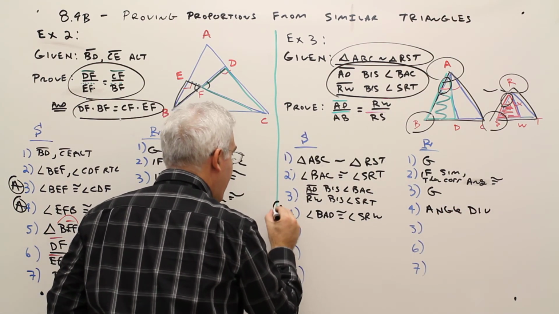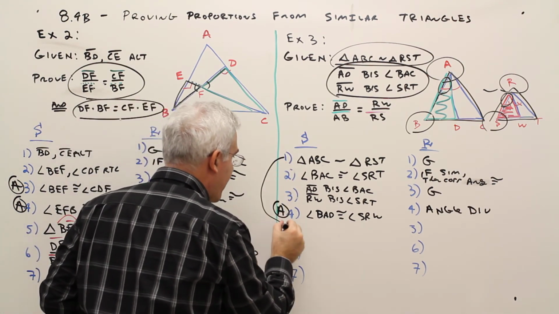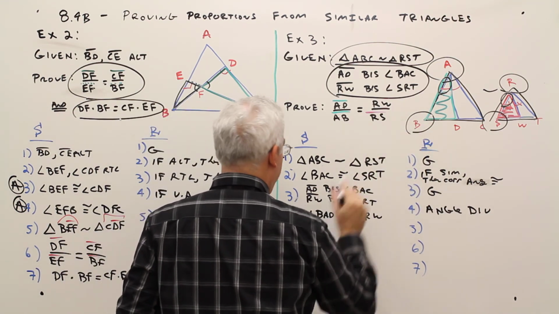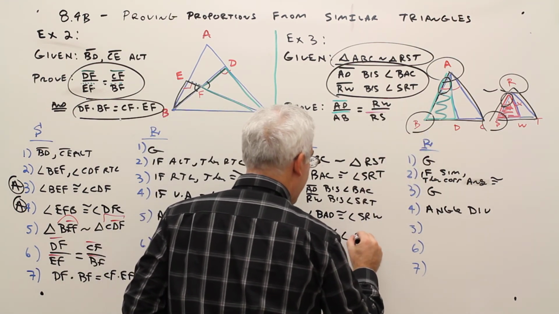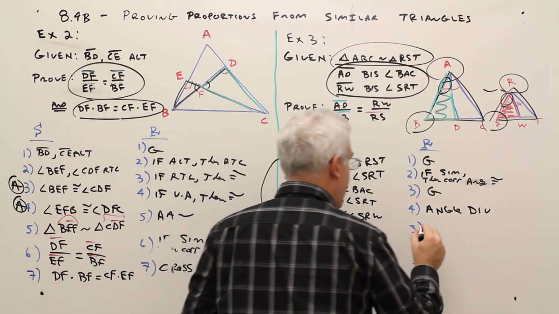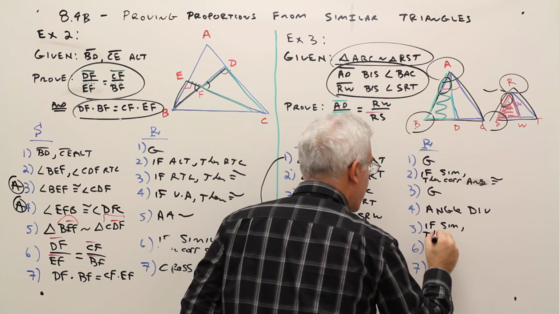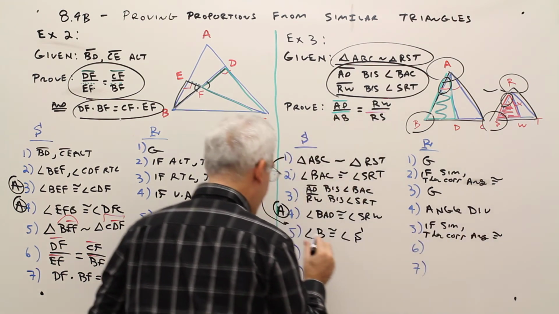Whew. All of that for that. And then I'll go back to this step here just to let you know step 1 is linking to step 5. I'll get angle B to be congruent to angle S. Again, if similar, then corresponding angles congruent.